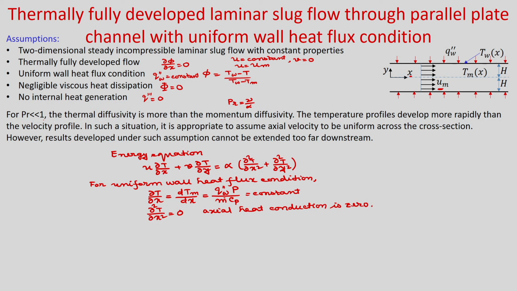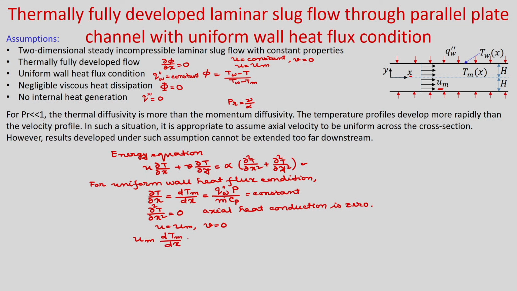So, for slug flow you can put u is equal to um and v is equal to 0. If you put all these in this energy equation, what will you get? You will get um times del T by del x, which you can write as dTm by dx.